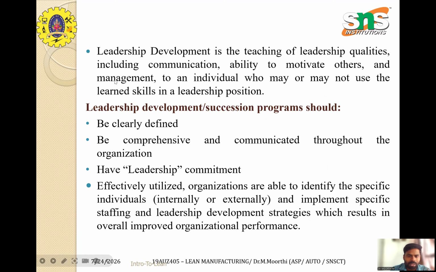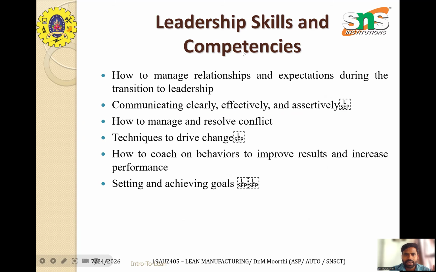These programs inculcate leadership quality and commitment in the employees or the leaders. And what leadership skills and competencies are really required to make a real leader?